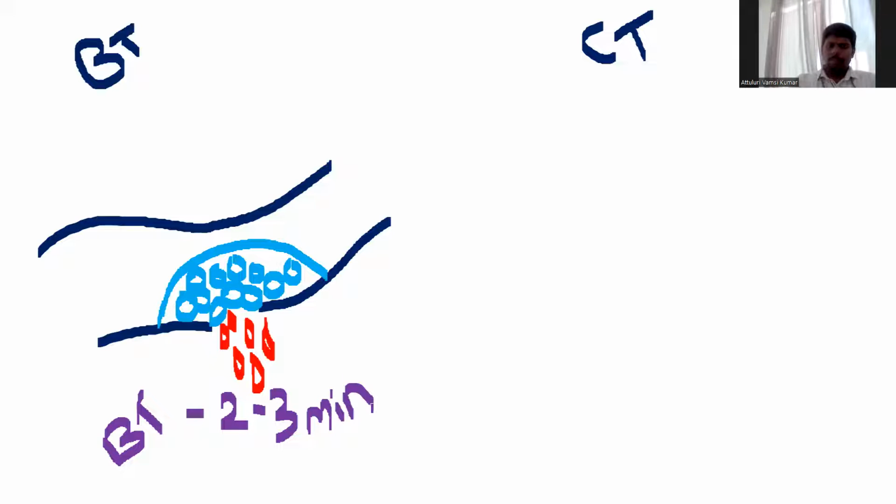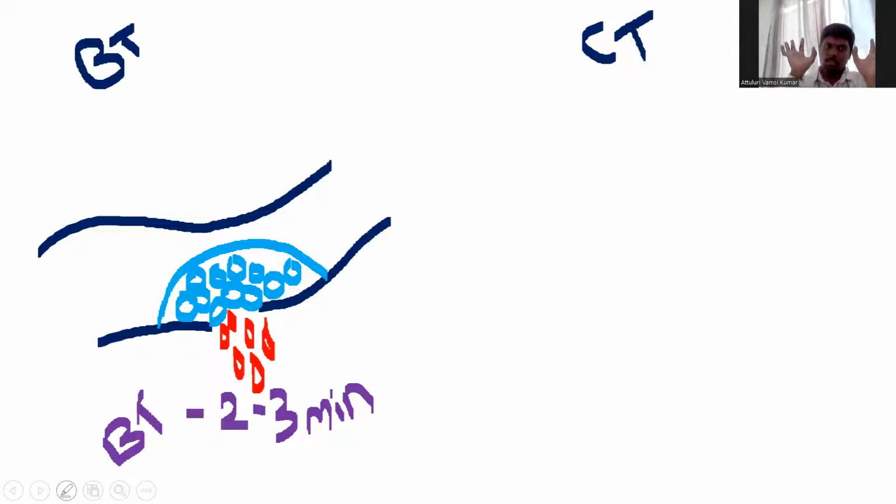The reason why we are doing this bleeding time is that some patients don't have an adequate amount of platelets. Let us assume a hypothetical normal platelet count: around 1.5 to 4 lakhs. A normal person should have a minimum of 1 lakh platelets.